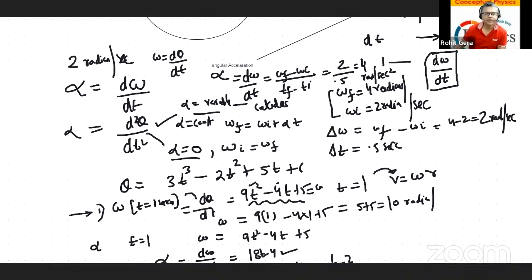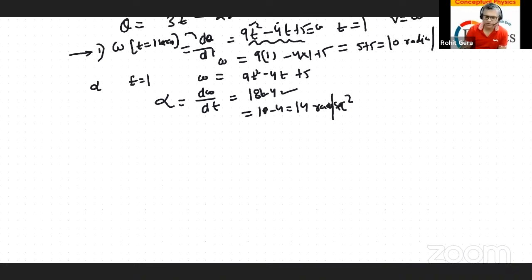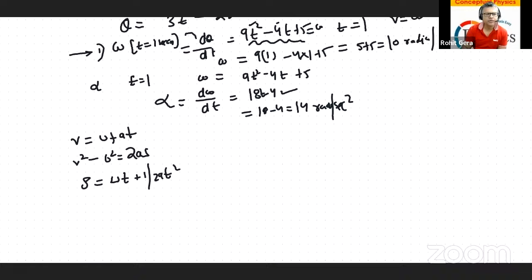The rules you apply to uniformly accelerated motions are v is equal to u plus at, v square minus u square is equal to 2as, s is equal to ut plus half at square. So omega final is equal to omega initial plus alpha t.